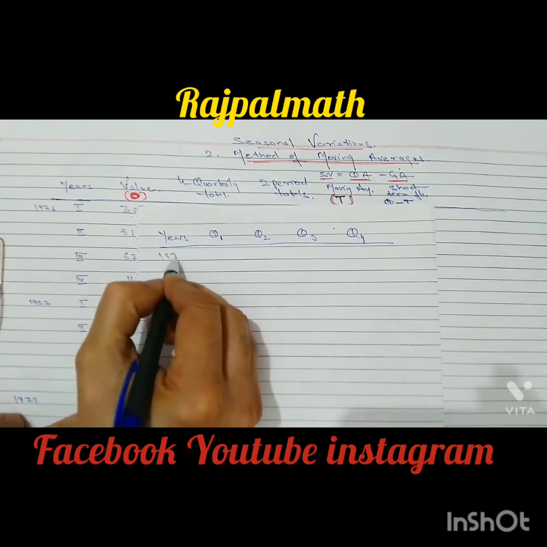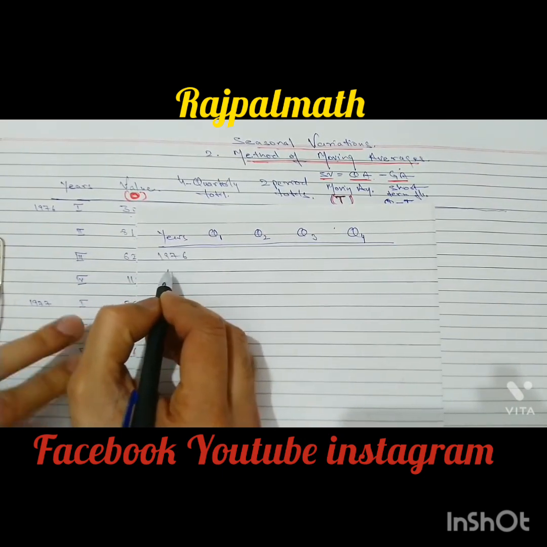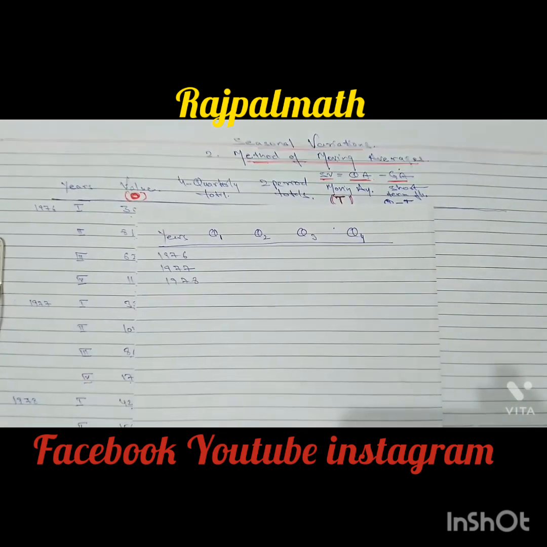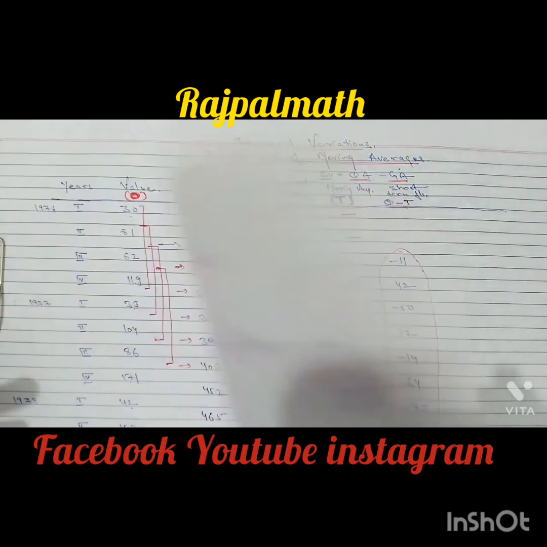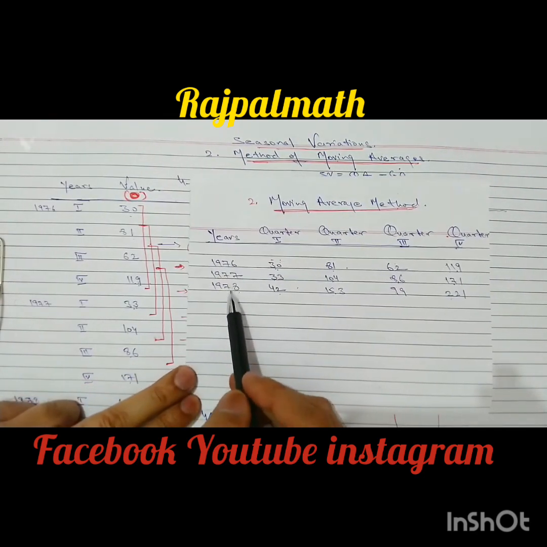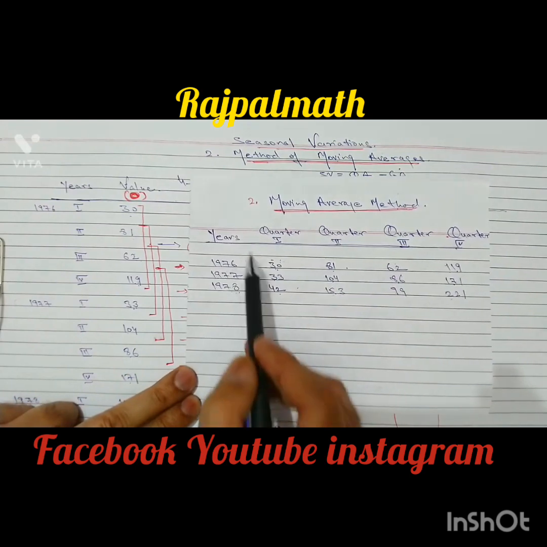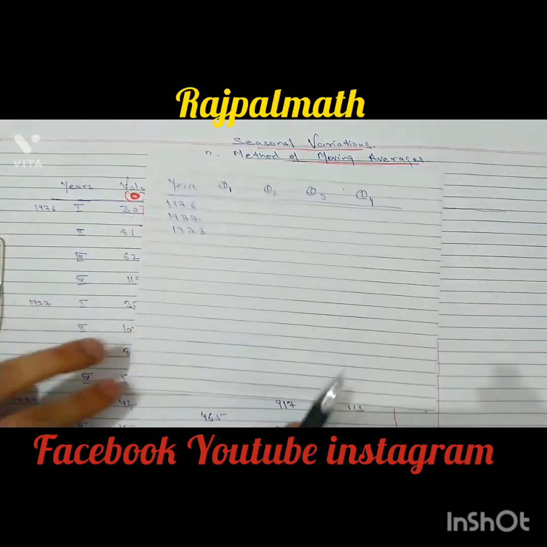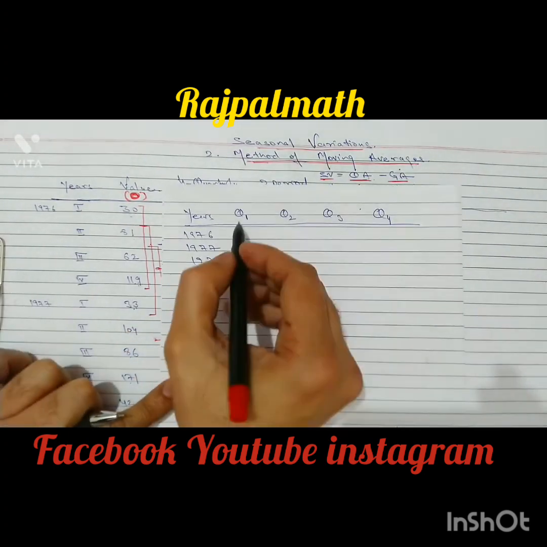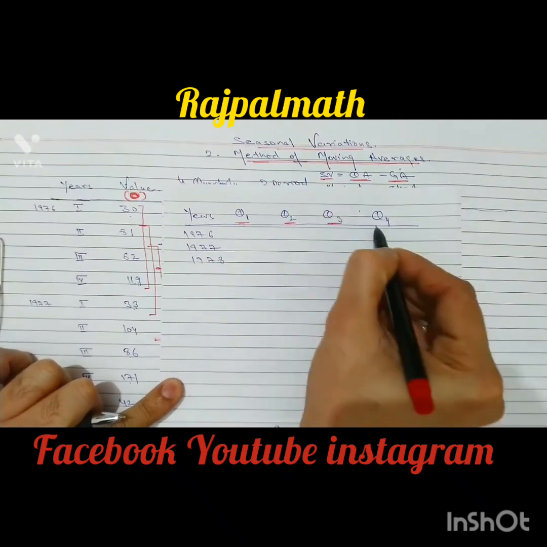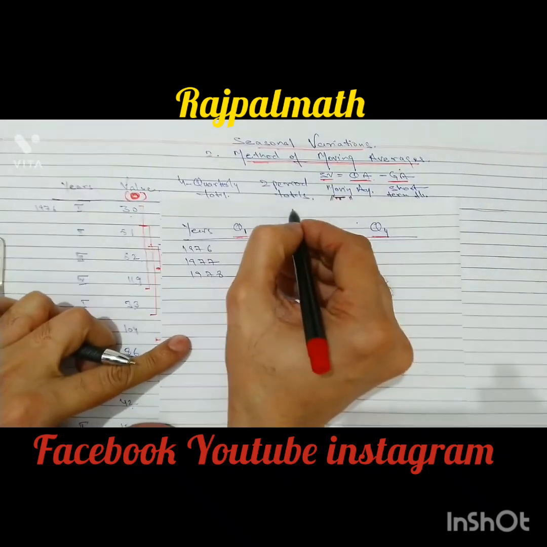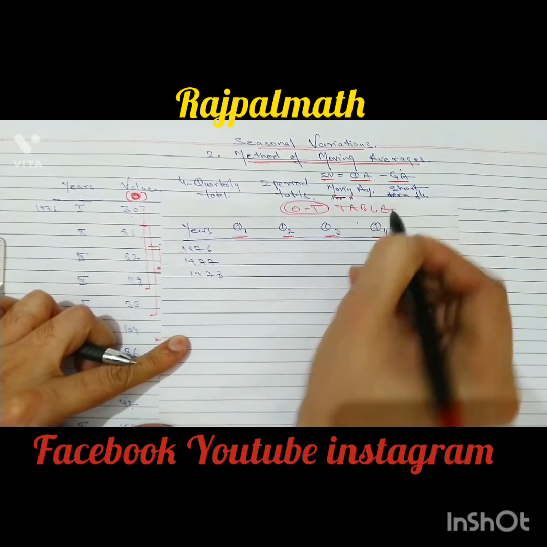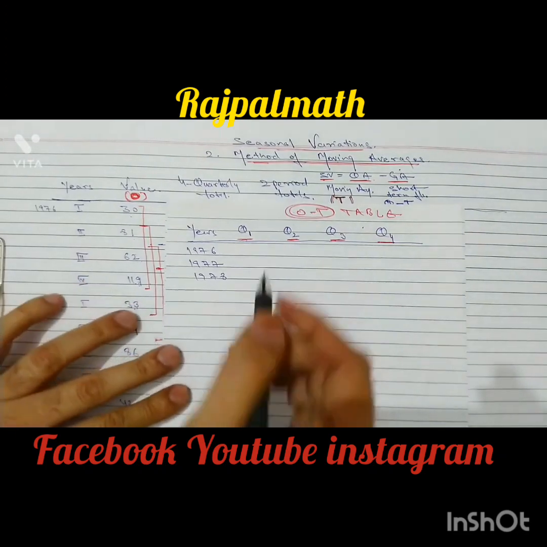For 1976, 1977 and 1978, 3 years were given in our question. Year quarter 1, quarter 2, quarter 3 and quarter 4 data was given. This is called the O minus T table or table number 2.